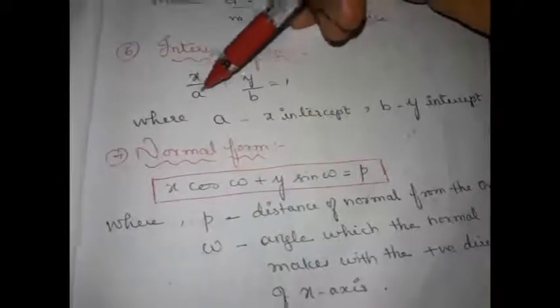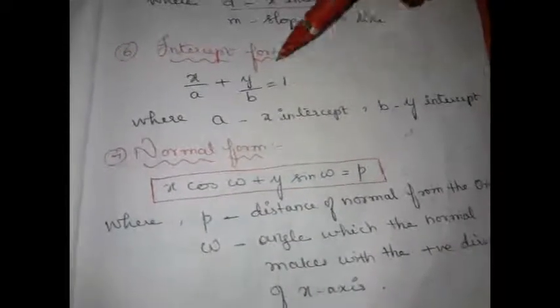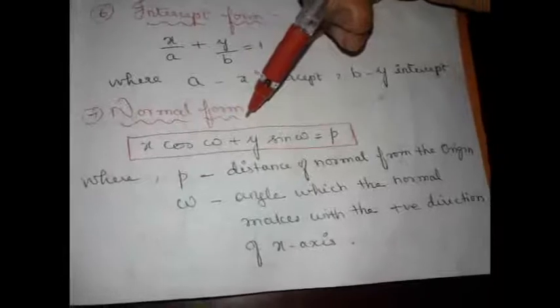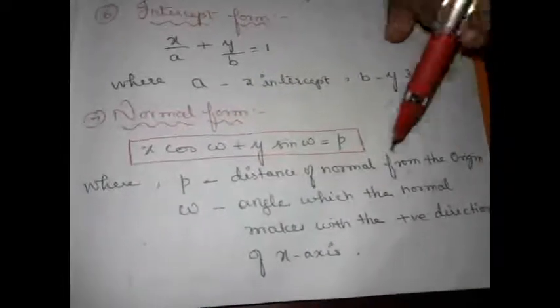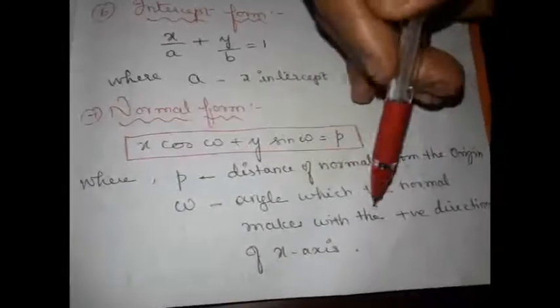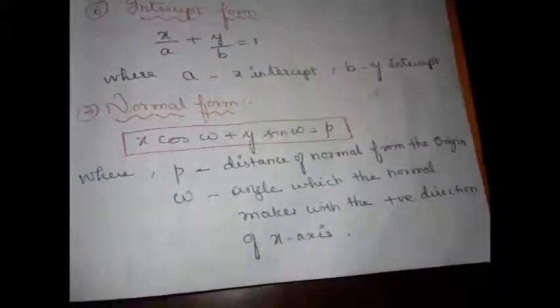Then is intercept form. If we know both the intercepts of the line, then we can obtain the equation using intercept form, which is x by a plus y by b equal to 1, where a is the x-intercept and b is the y-intercept. Then the last one is normal form. If we know the distance of the normal from the origin and the angle which the normal makes with the x-axis, then the equation is given by x cos omega plus y sin omega equals p.